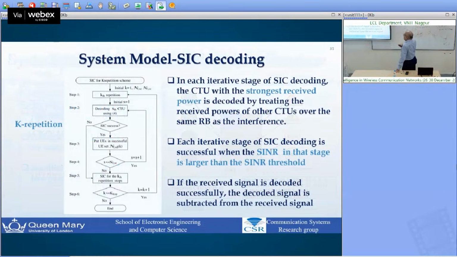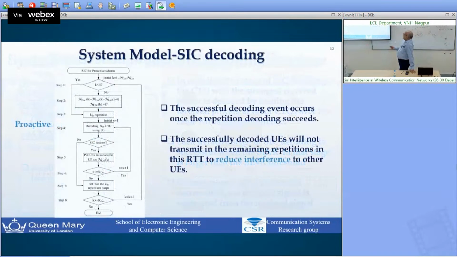Then we subtract and decode the second signal according to the power level, like we did. Now this is the K repetition scheme: you are going to decode all repetitions, then the acknowledgement comes at the end if one of the repetitions succeeded. If it is the proactive scheme, as I mentioned earlier, if one of the repetitions succeeds, it will be terminated, no more repetition. By that way, proactive can reduce the latency compared to the repetition scheme.